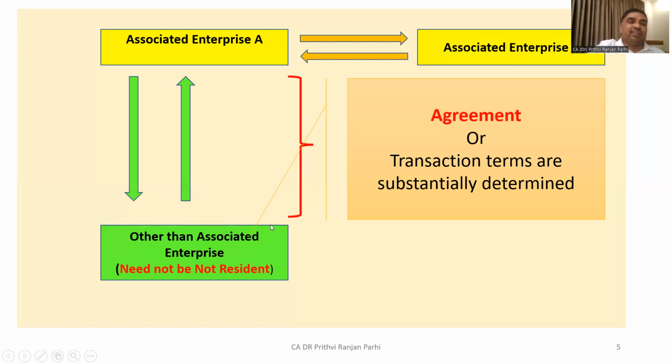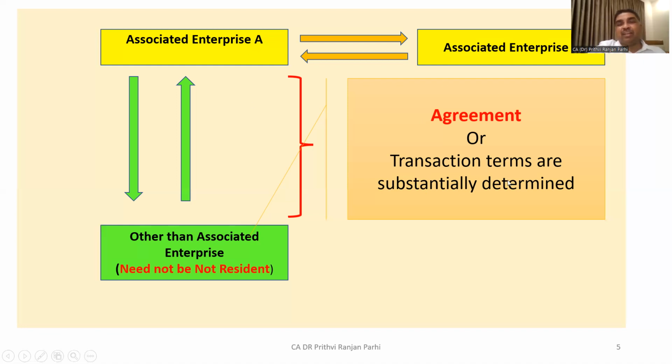Still, this transaction will be treated as a transaction between associated enterprises if between these two parties, A and this new party, there is a prior agreement, or the terms of the transactions are substantially determined by these parties.